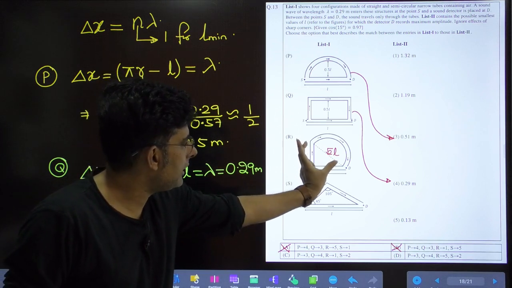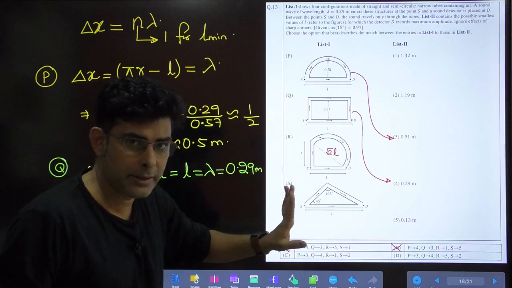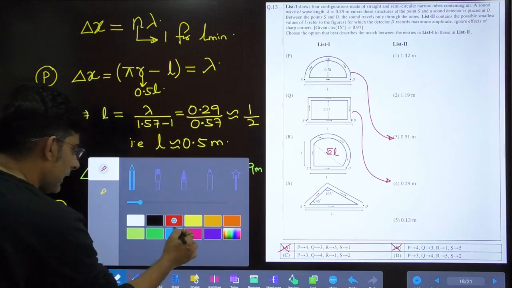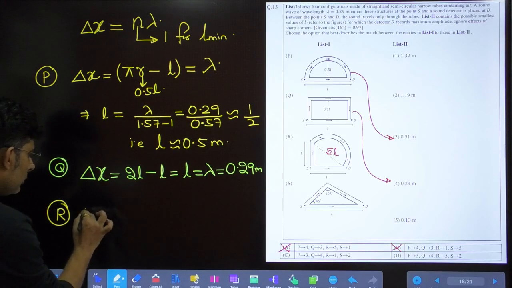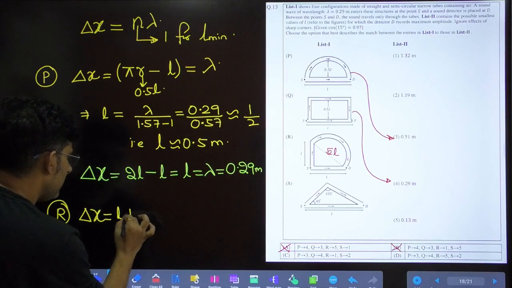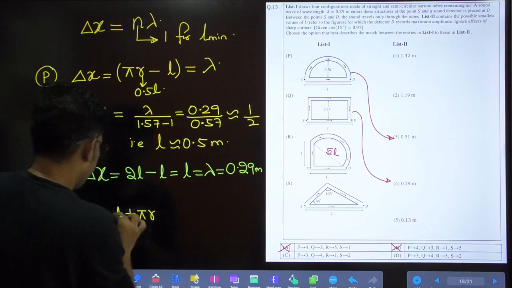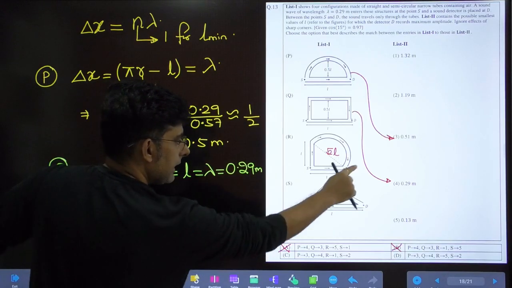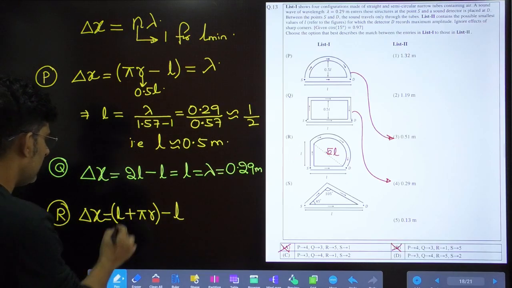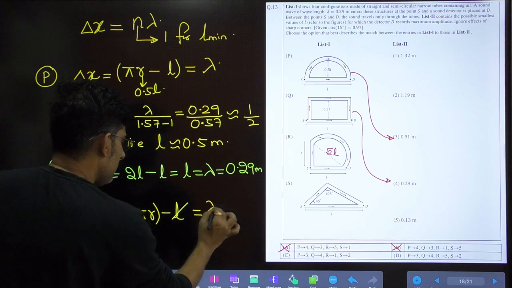This is the diameter. Diameter is root 2 L. So radius will become how much? Root 2 L by 2, that is L by root 2. So this is a semicircle. Semicircle length is pi r. So how can we write the path difference over here? So delta x. First we have L plus the semicircle, L plus pi r. And from here we have to subtract the direct length L. So L plus pi r minus L. So L cancels, and this is to be equated with lambda.